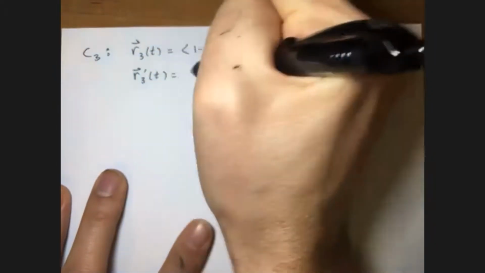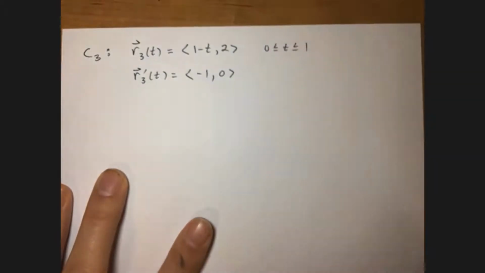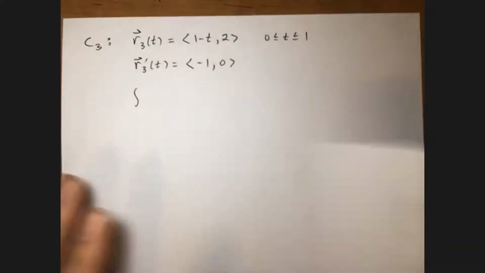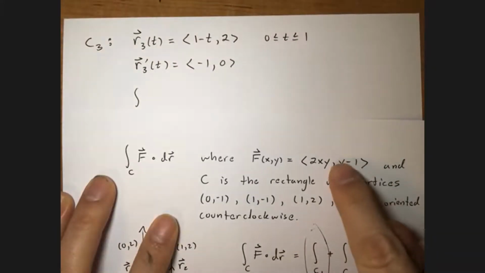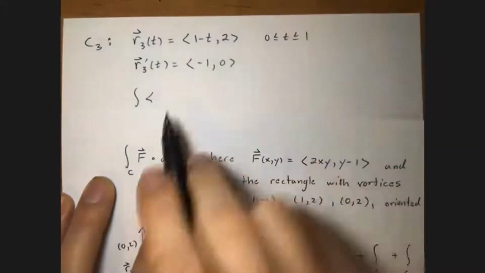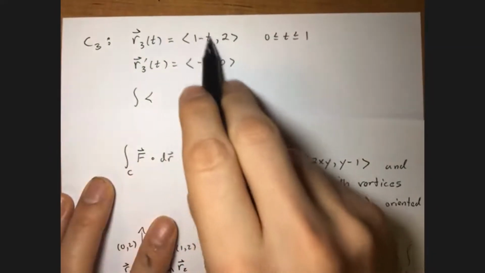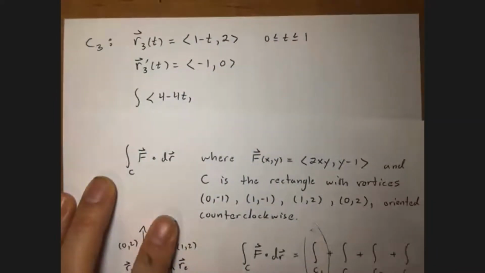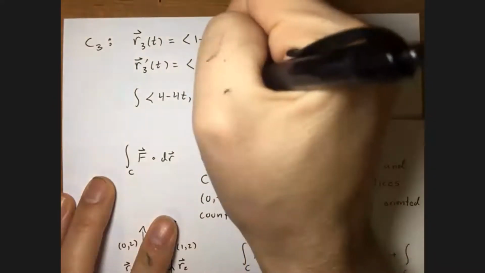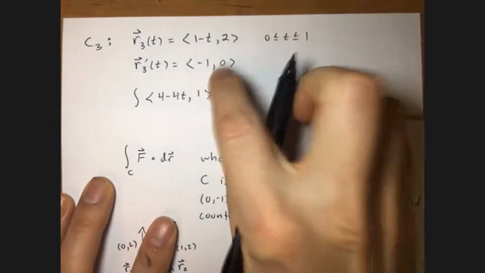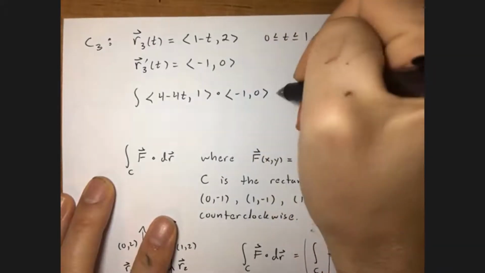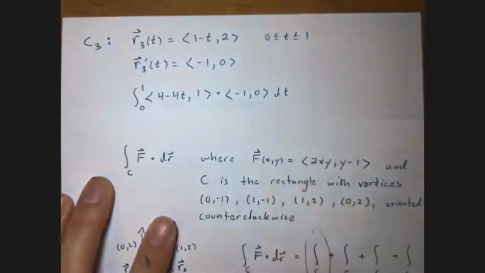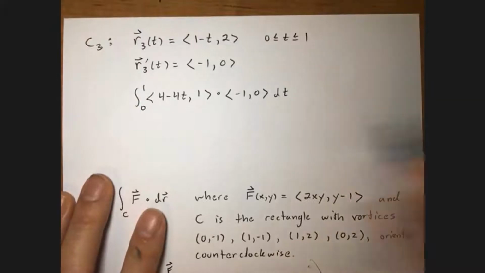Okay. Compute the derivative. -1, 0. Okay. Plug these in to our function. Here's our function. So we have to do 2xy. So 2 times this, right? So it's going to be 4 minus 4t. And then y minus 1, so just 2 minus 1. And we're going to dot that with r prime. And we're going from 0 to 1 again. All righty.